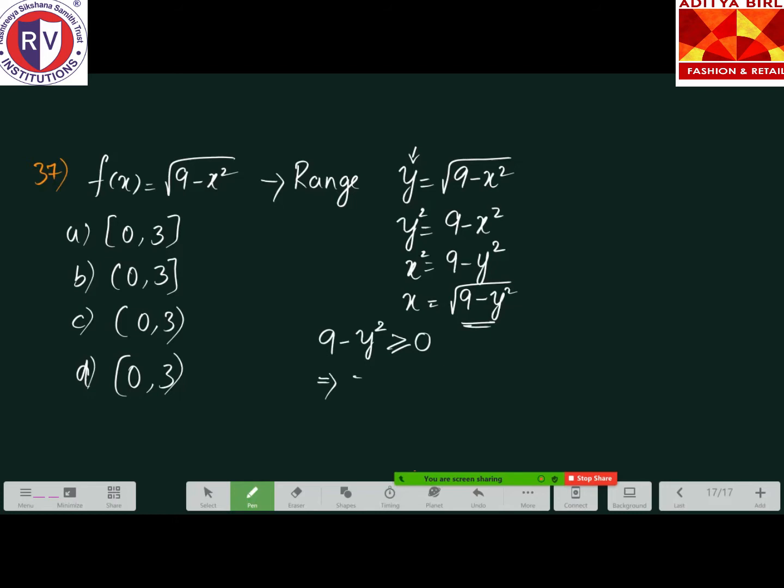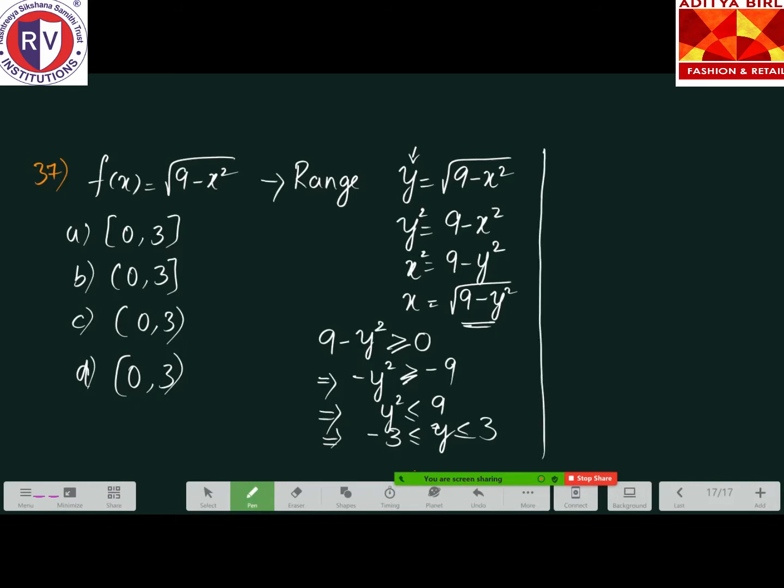That is, minus y square will be greater than or equal to minus 9, or y square will be less than or equal to 9, which is minus 3 less than or equal to y less than or equal to plus 3. So these are all the values where y can lie.